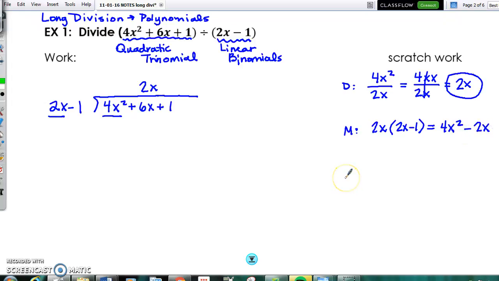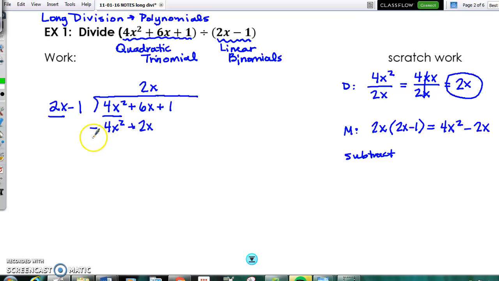Okay. Now we divide, we multiply, and then we subtract. I'm just going to write down subtract over here, but then I'm actually going to take that thing we just got and divide it over here. So minus, and just be careful with your signs, minus 4x squared. And minus a negative really means plus 2x.